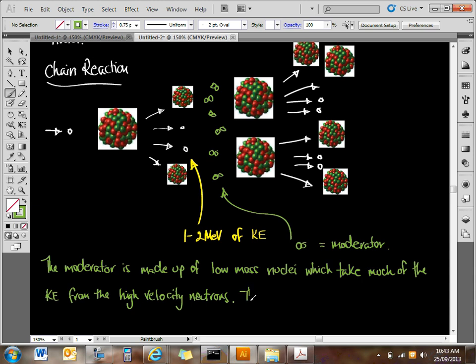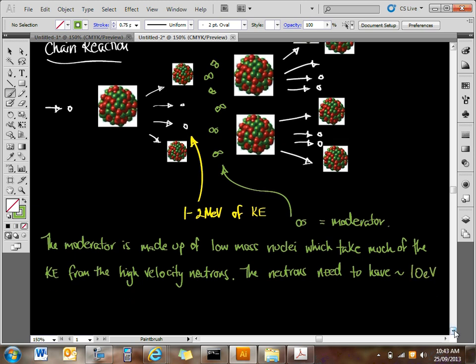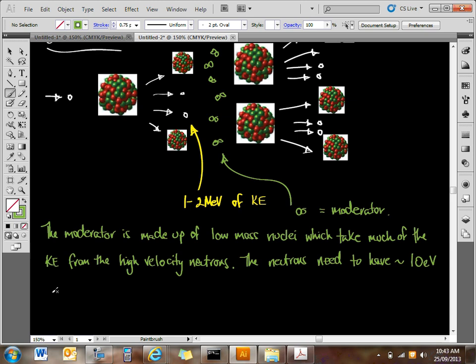The neutrons need to have approximately, I think it's 1 eV, 10 eV, beg your pardon. 10 eV is fine. 10 eV of kinetic energy.